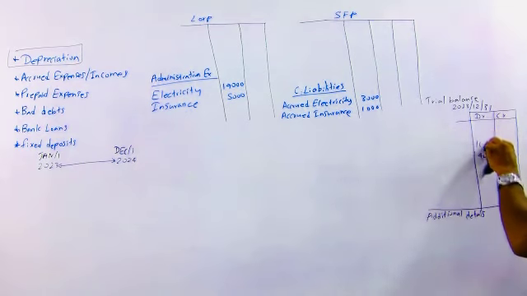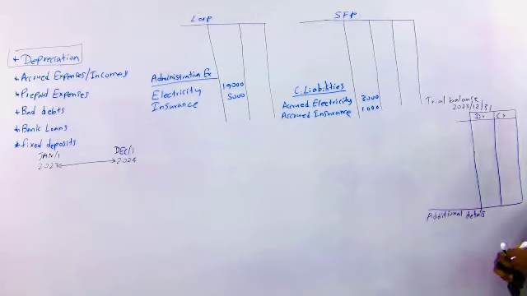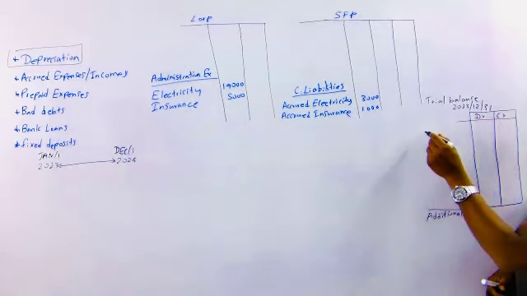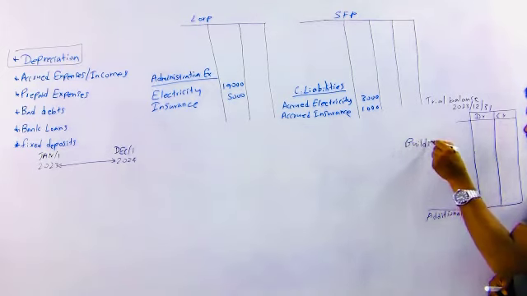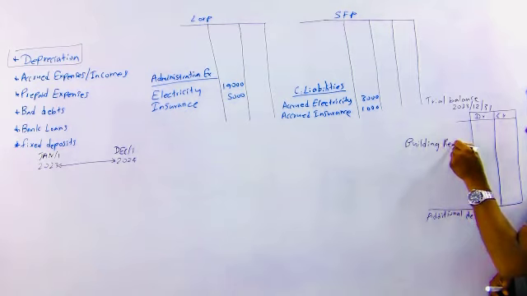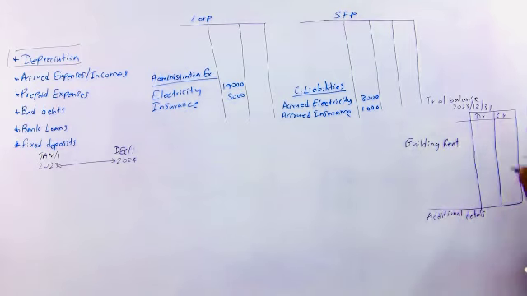So he has agreed to pay us 120,000 per year. But for this year, building rent, it is mentioned as 100,000, right?